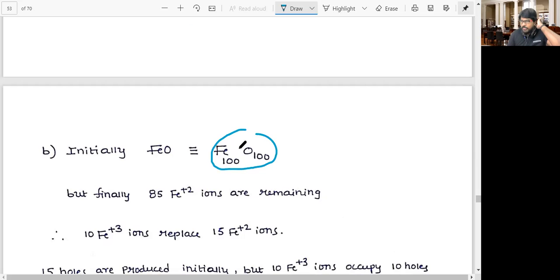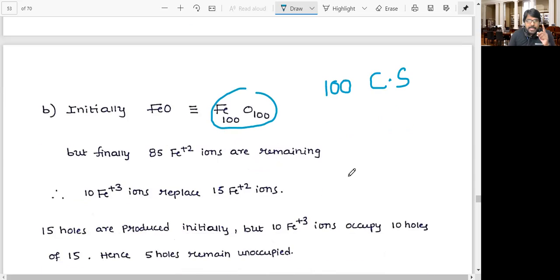If there is no defect, there must be 100 cationic sites, CS. How many? 100 if there is no defect. But according to the given data, the formula is Fe95O100.